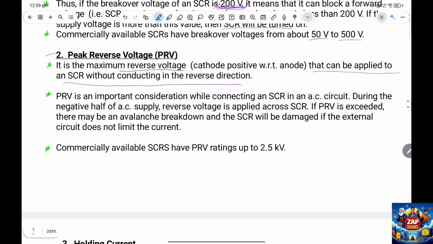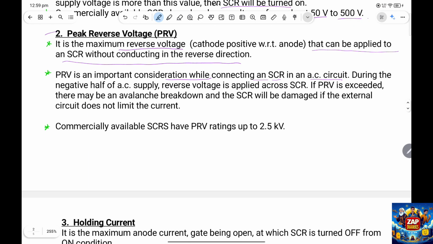Peak reverse voltage is an important consideration while connecting an SCR in an AC circuit. During the negative half of the AC supply, it acts as a rectifier, so the reverse voltage is applied across the SCR.